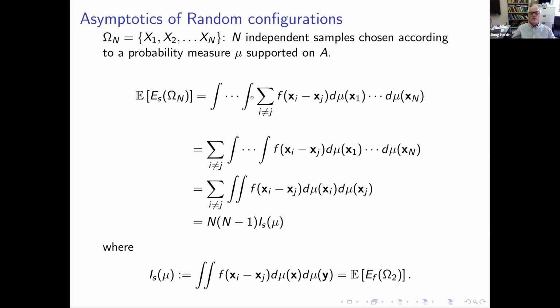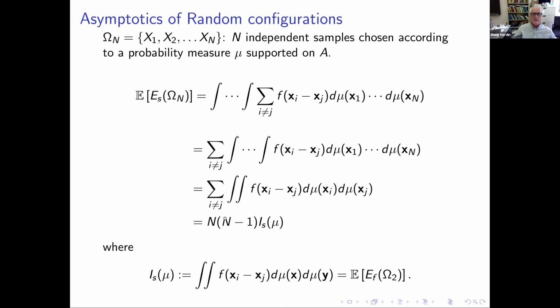collapses. If you bring the sum out, it looks like a complicated integral involving all n of these terms. However, when you bring the sum out and then integrate, all but two of these terms integrate to 1, and you just get a double integral. In this case, all of these terms are exactly the same.